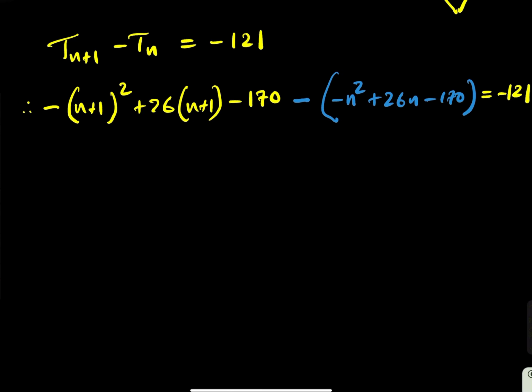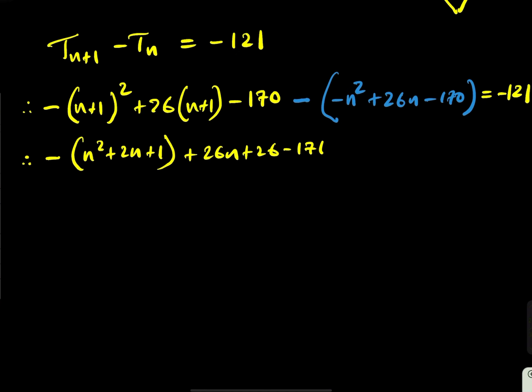And then let's solve for n. It's basic math that is required of us. So try to really simplify this whole situation. Let's do that. This is going to be n squared plus 2n plus 1, and then this is going to be plus 26n plus 26 minus 170.